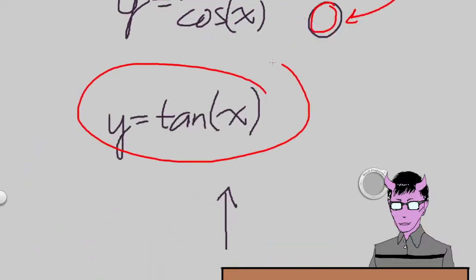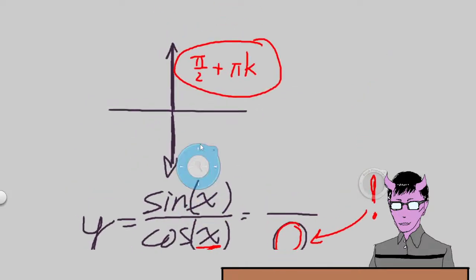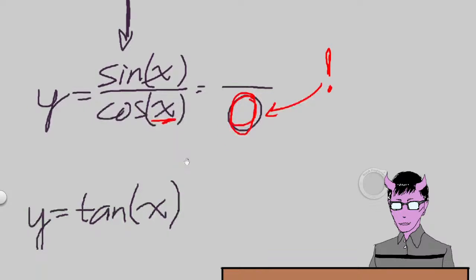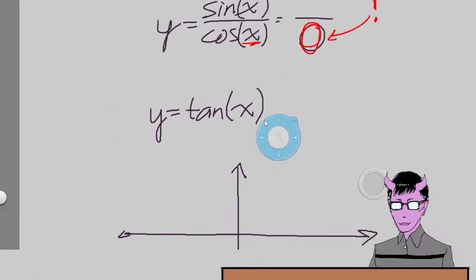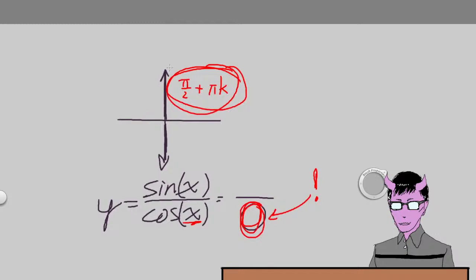Which means, for graphing this one, there are going to be vertical asymptotes, similar to our rational expressions. Because by the nature of the tangent function, it's essentially cosine of x on the bottom, and how we can generate zeros on the bottom is dictated by this thing right here. Which means we have vertical asymptotes where we create zeros on the bottom.